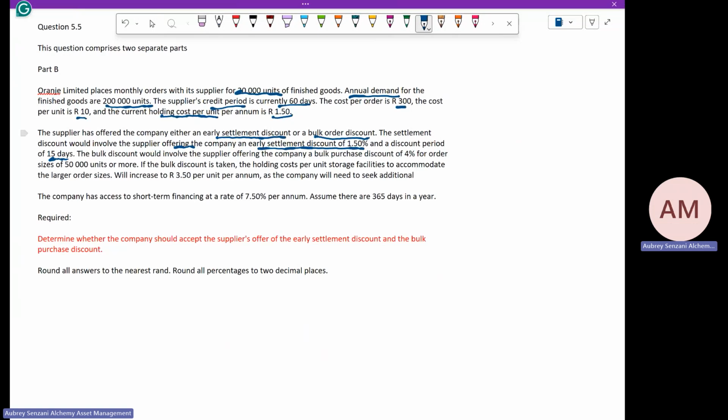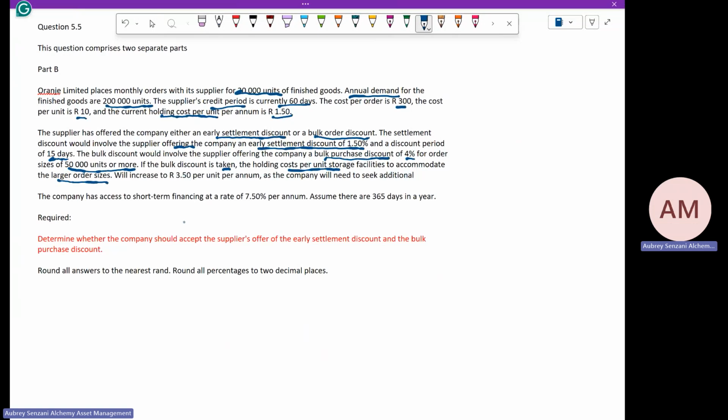The bulk discount would involve the supplier offering a bulk purchase discount of 4% for order sizes of 50,000 units or more. So instead of ordering 20,000 units at a time, we need to order 50,000 units or more.